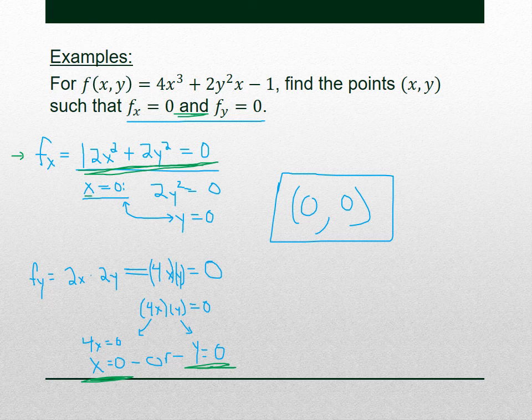I want to solve for y in this equation, forcing it to be 0, but only looking at the case where x is already 0. When x is 0, that meant y was 0. And then if I plugged in y equals 0, I could trace this the other direction and get x is also 0. So fy is only equal to 0 if x is 0 or y is 0, but then fx is only equal to 0 whenever both are equal to 0.